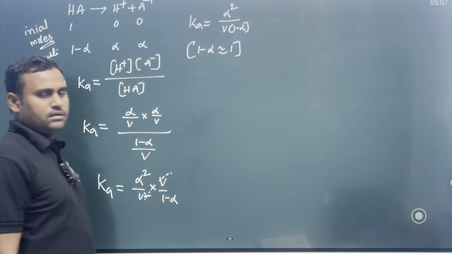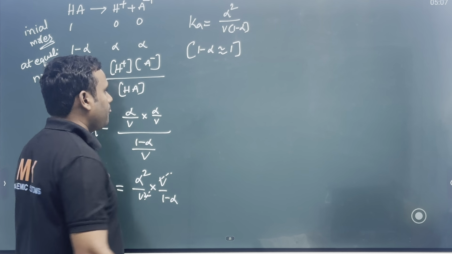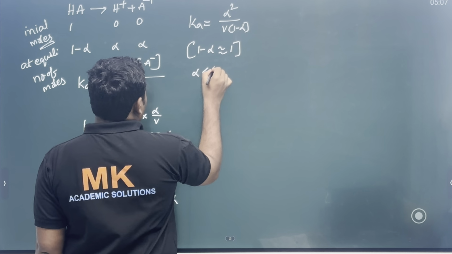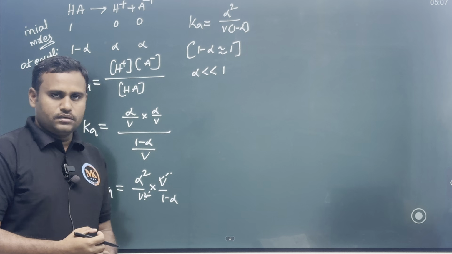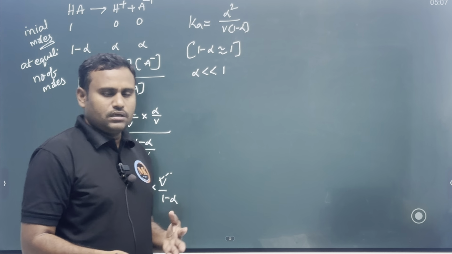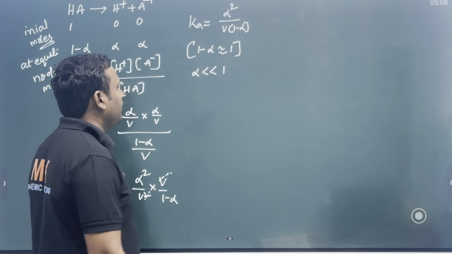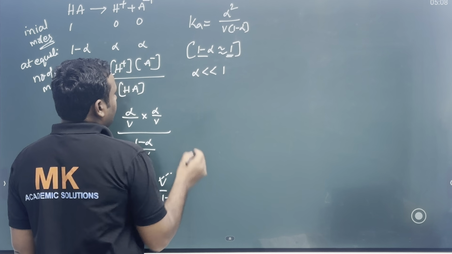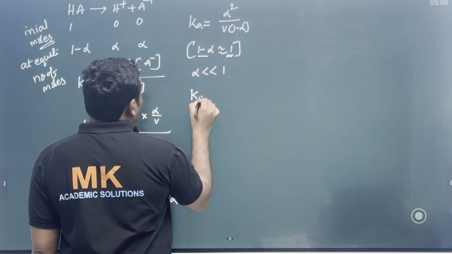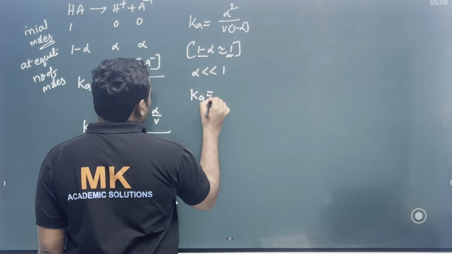Because alpha is very much less than 1, so alpha has a negligible value here. That's why we consider 1 only. Therefore, Ka is equal to alpha square by V.